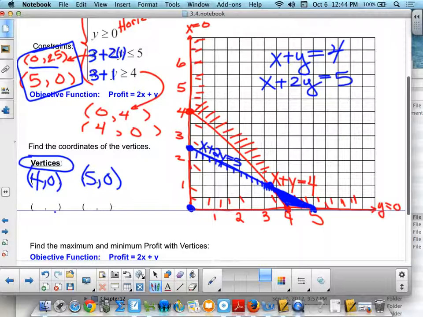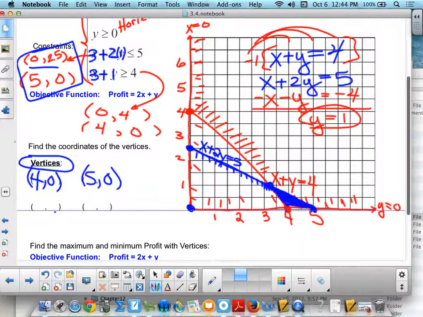Okay? Haley, what did you do to solve it? Multiply the top equation by -1. Okay, multiplies the top by -1, gets negative x, negative y, and -4, draws her line, x's disappear, y equals 1, right?